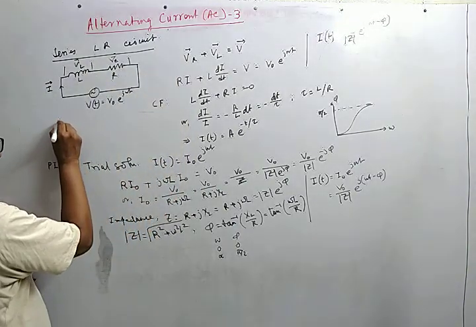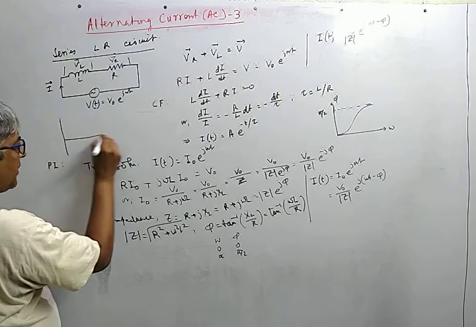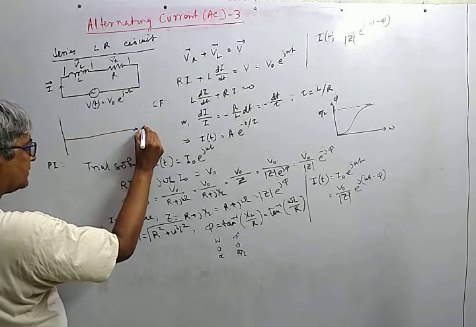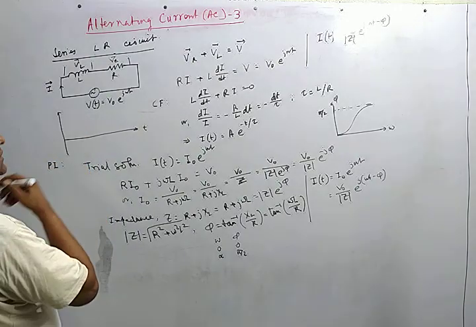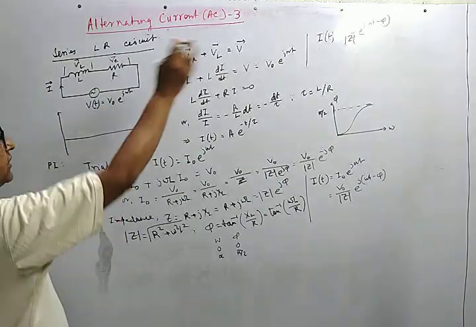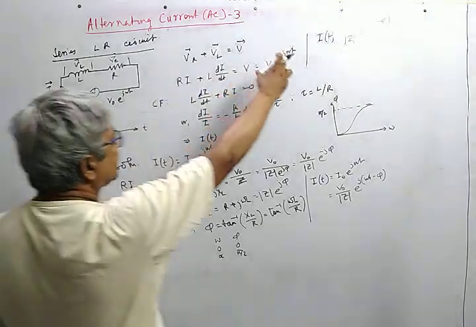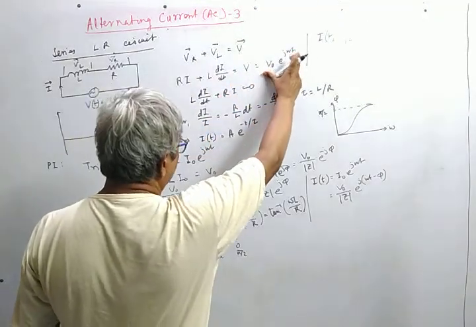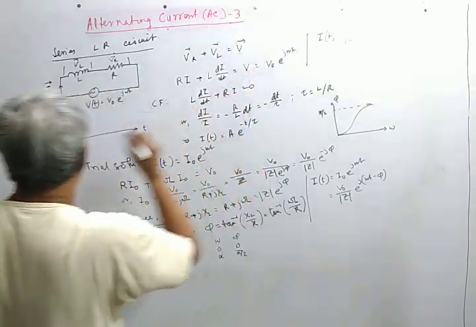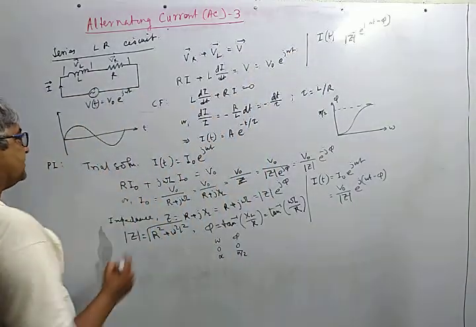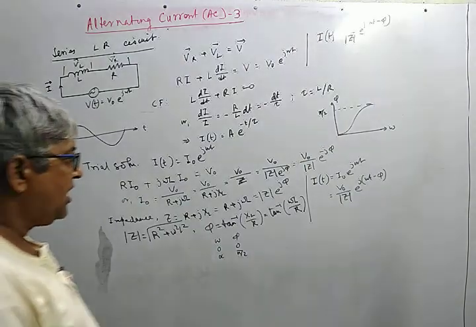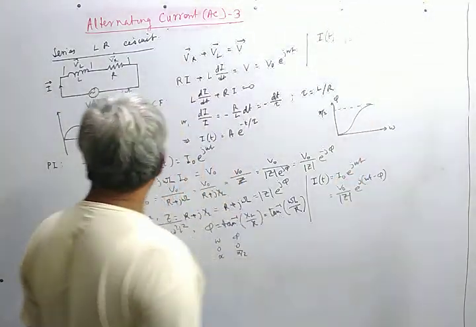This is the time axis, and this is the applied voltage. If we consider that the voltage is given by the imaginary part of this, then it is the sine curve, and the current lags behind this.